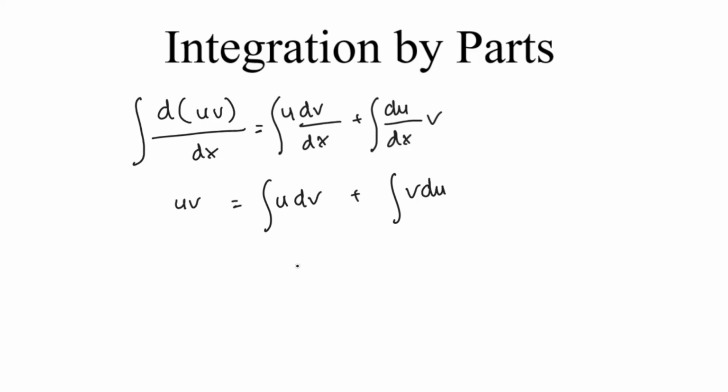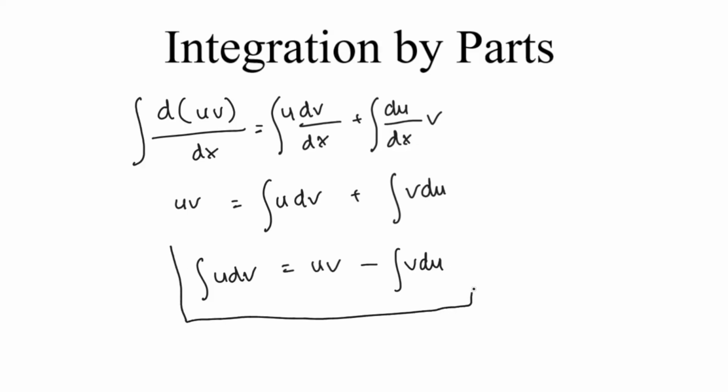So for the integral of u dv, I move the integral of v du to this side, so it equals uv minus the integral of v du. This is the formula of integration by parts.